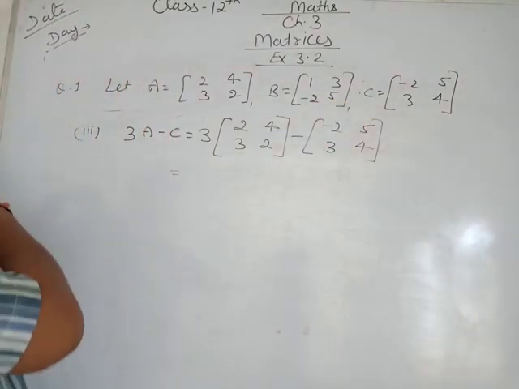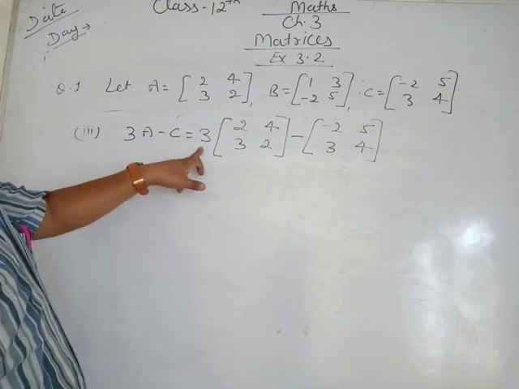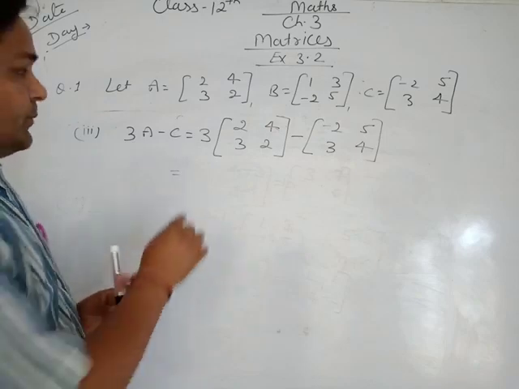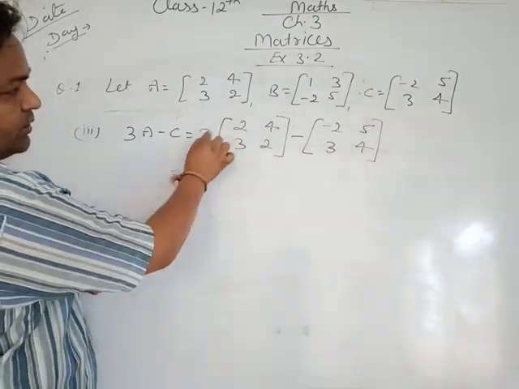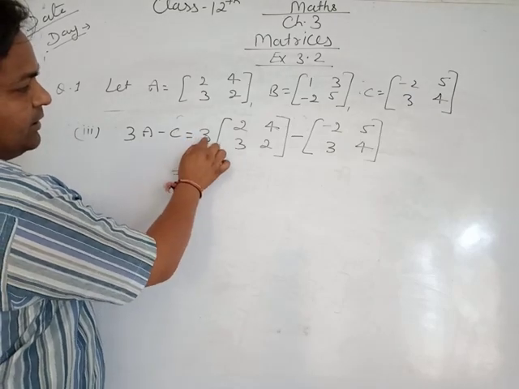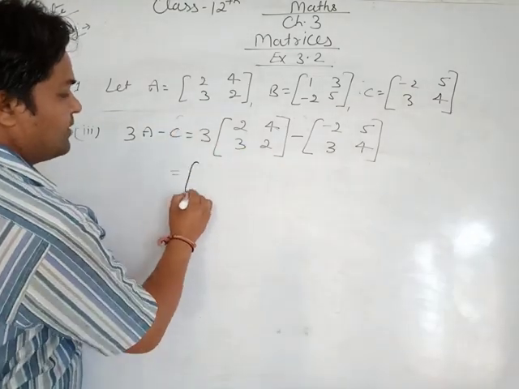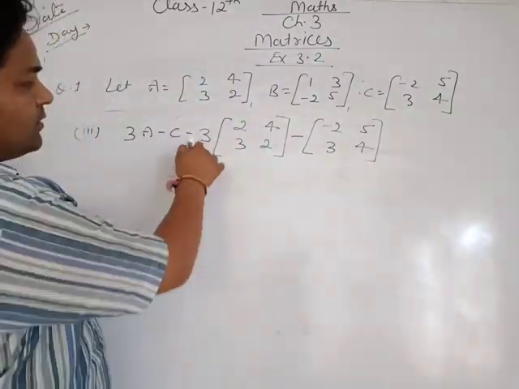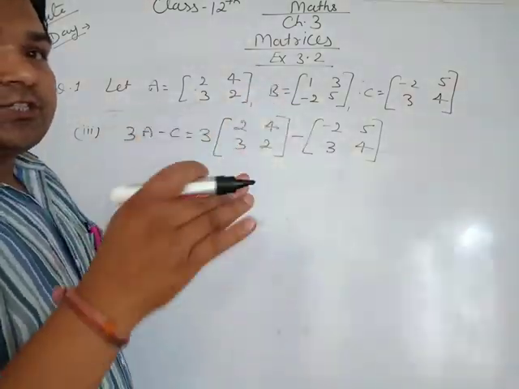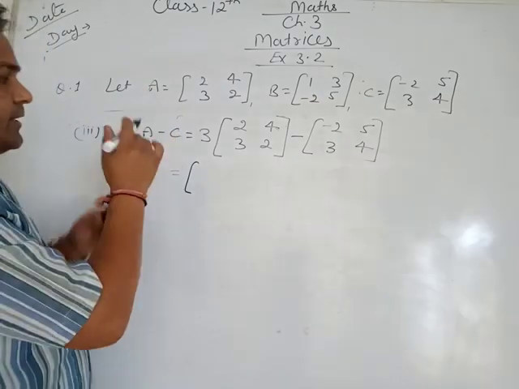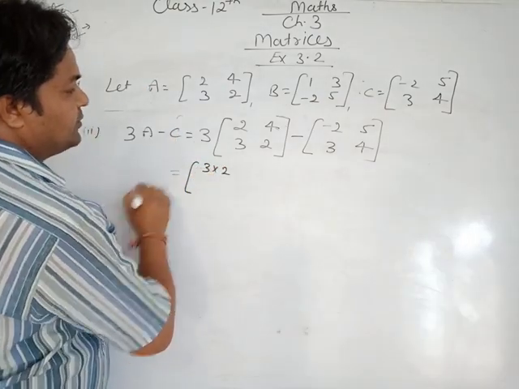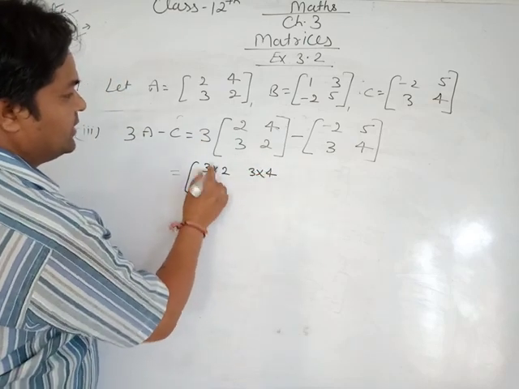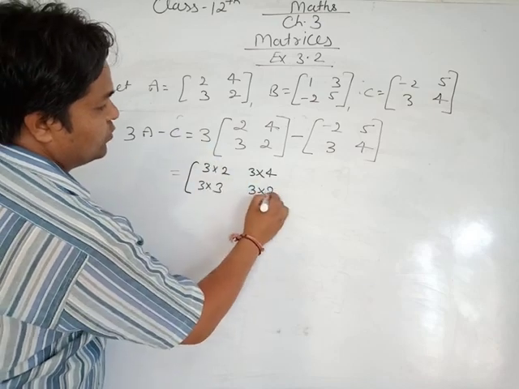If we multiply any constant with a matrix, we multiply it by each element of the matrix. It means the multiplier 3 multiplies 2, 3 multiplies 4, 3 multiplies 3 and 3 multiplies 2.